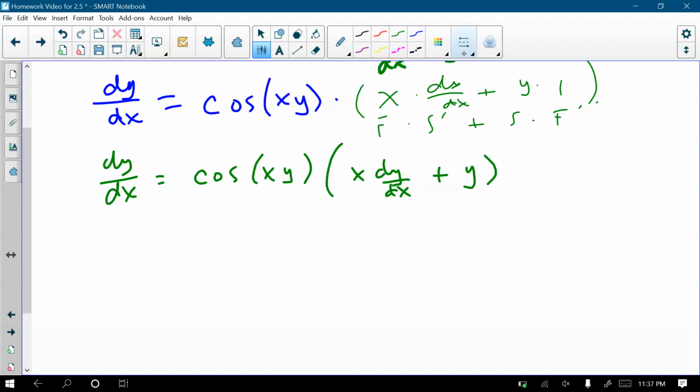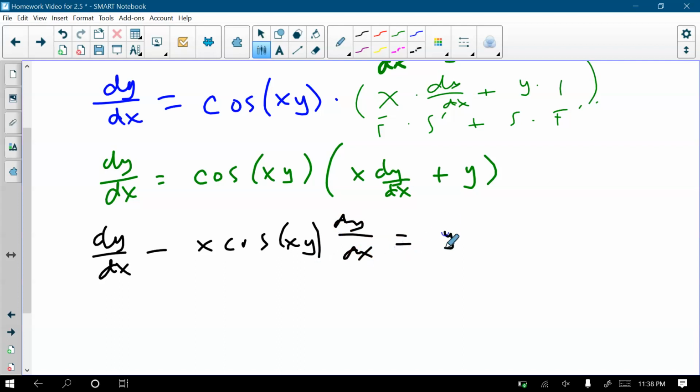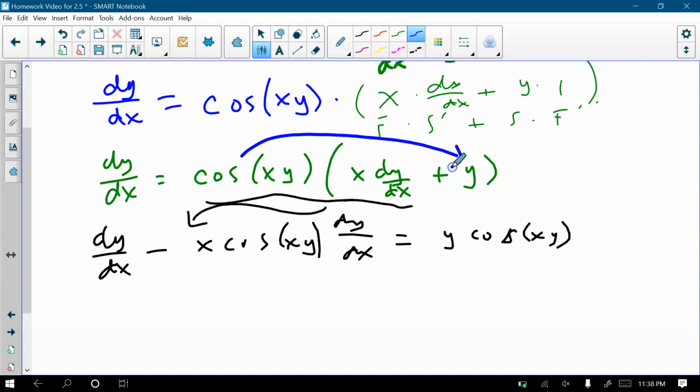So we'll do dy dx minus x cosine xy dy dx equals y cosine of xy. So basically I took this term, I multiplied it, and I moved it to the other side. But then I also had to distribute the cosine xy to the y, and that's staying on the right side because it does not have a dy dx.